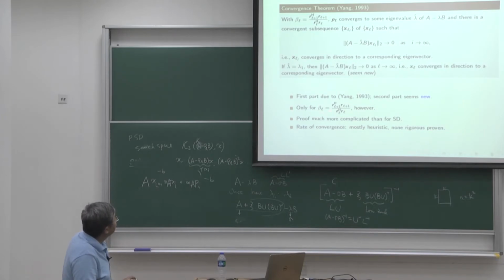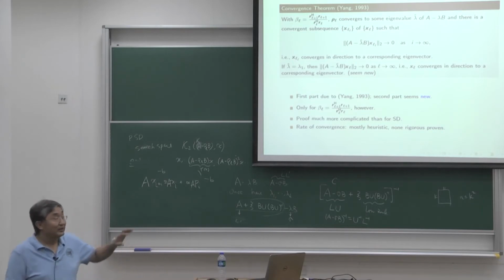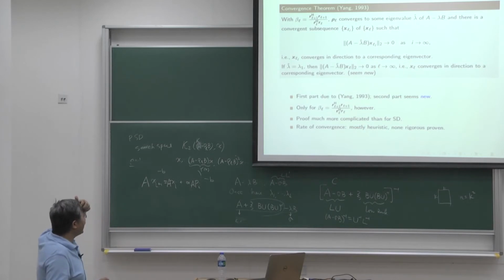So we mentioned the first two parts. In the SD case, when we proved such a theorem it didn't take much effort. Actually, one slide to prove it. It turns out for the CG case, to prove this first part, you may have to take 5 slides.